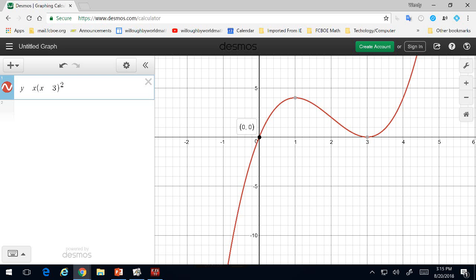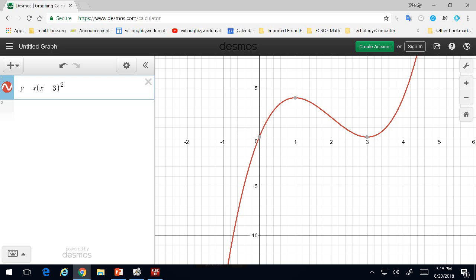Versus, look right here at the x-axis. It doesn't pass through. It comes down, it hits it, and it bounces back. The word that we use for that is tangent. So, does it pass through? Is it tangent? That's the other thing you're going to look at.